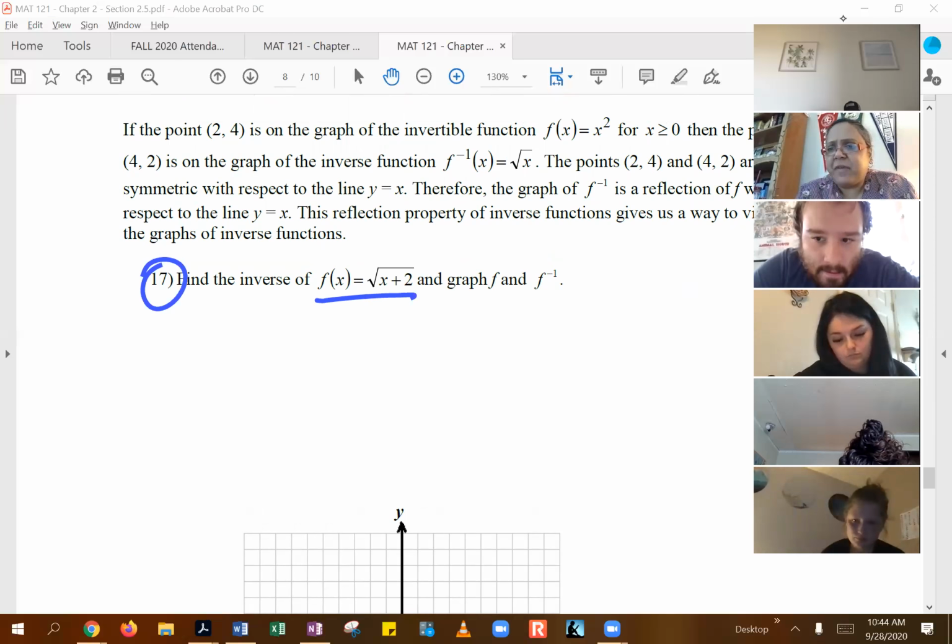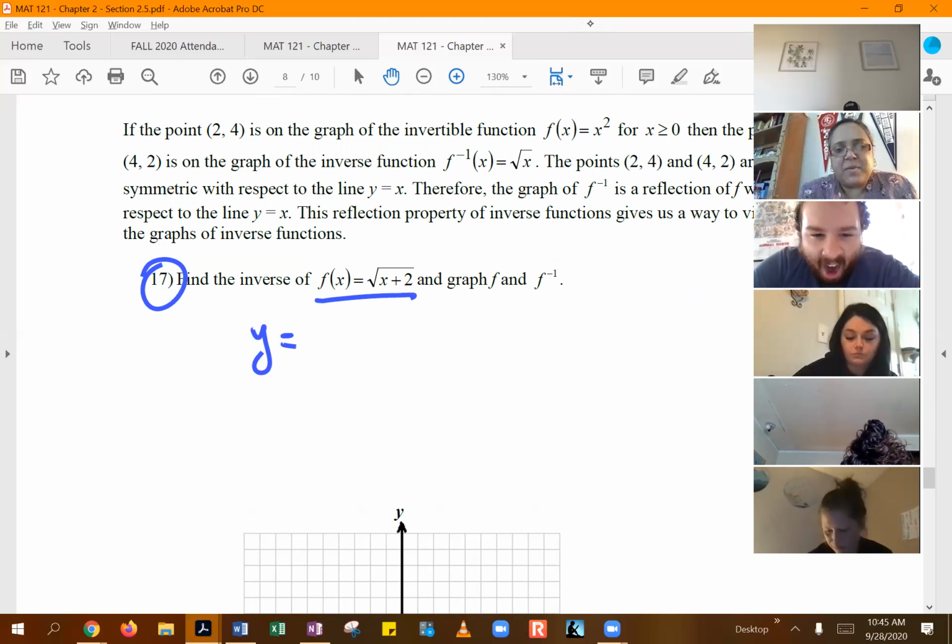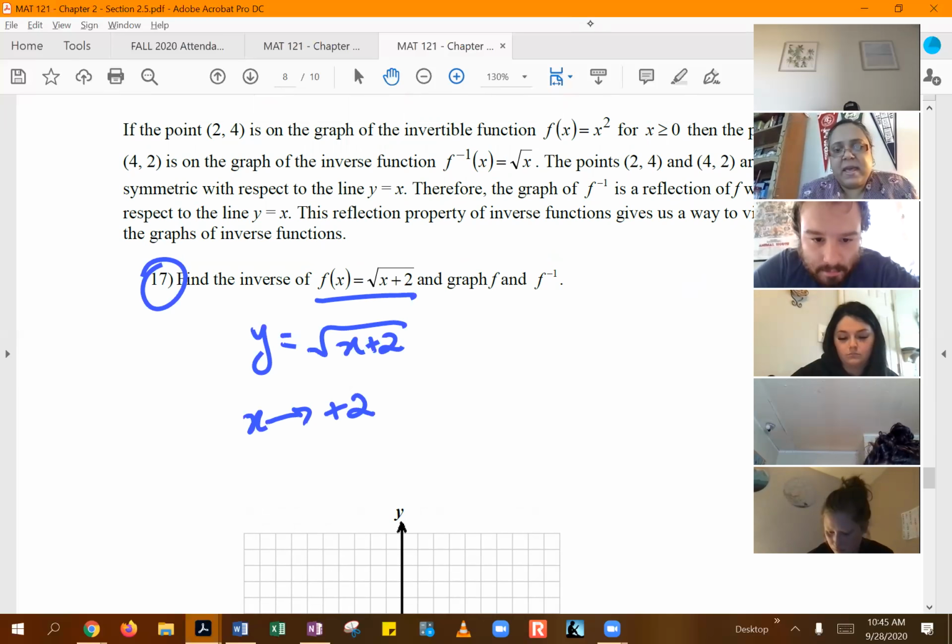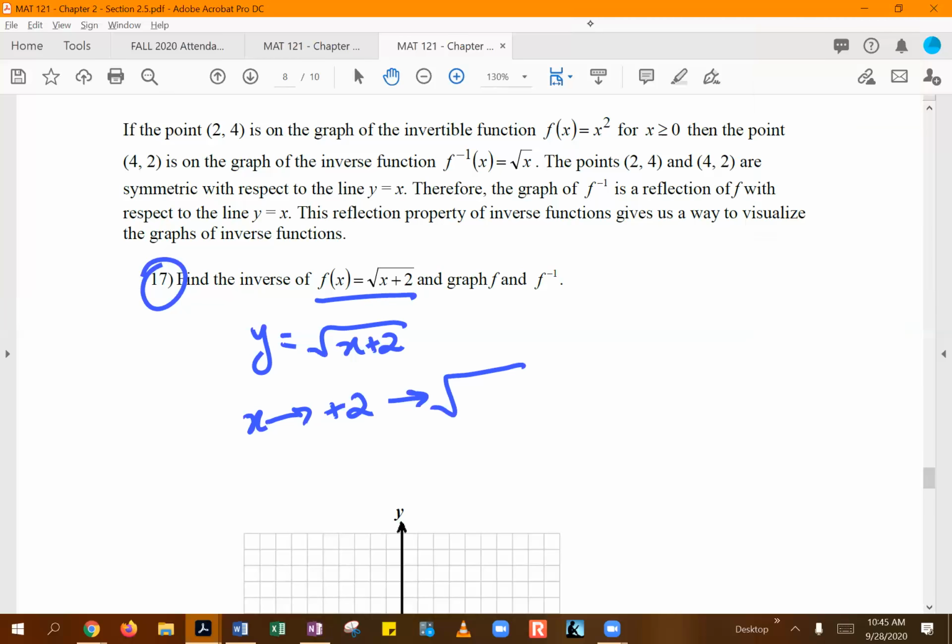So if we talk about finding its inverse, we can again try and do this mentally because this is very similar to that cube root example we had seen. You can see with the x function, we first add 2, then we take a square root on top of the whole thing.